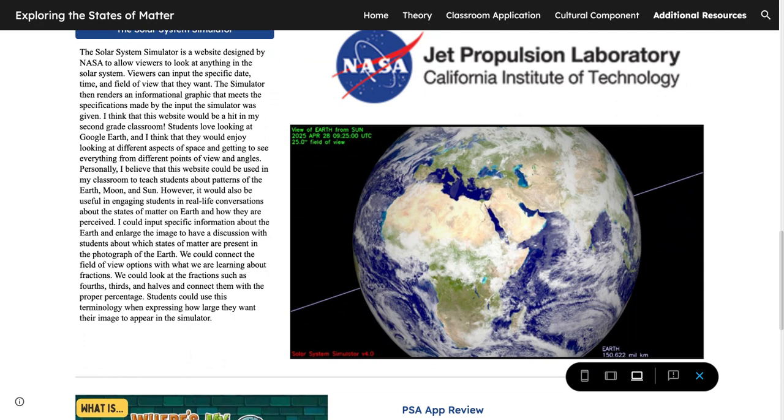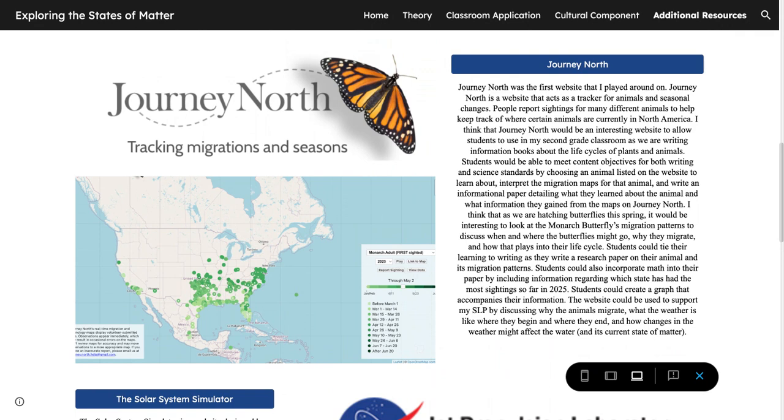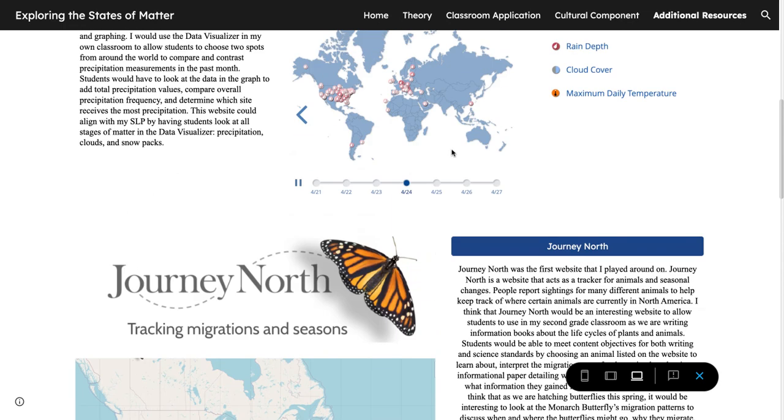And then in my class for properties of matter, we would talk about like this picture of the globe. What's the solids, what's the liquids, what's the gases. The students could choose their own planet if they wanted to. For Journey North and the tracking migrations and seasons, we put that students could look at different animals and their life cycles, and we could discuss their needs.